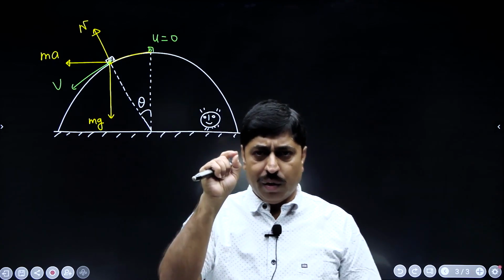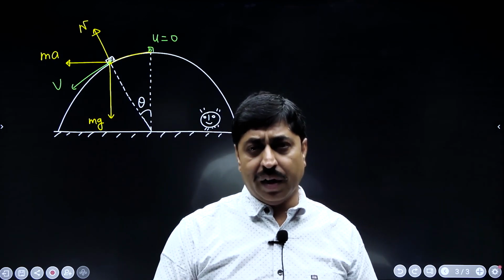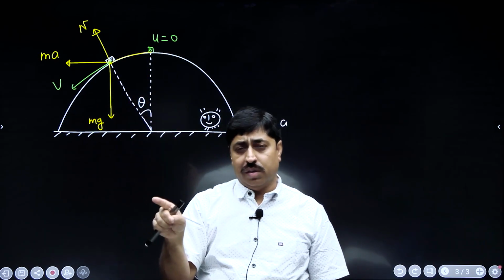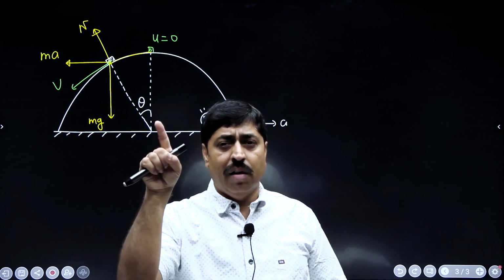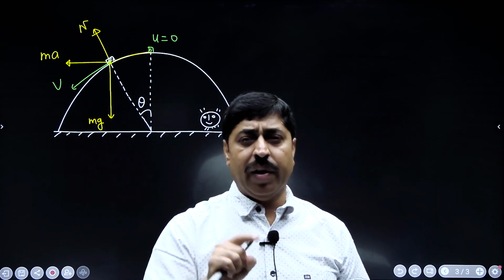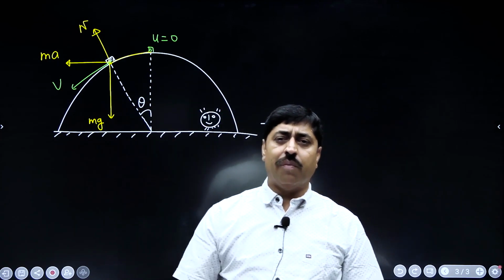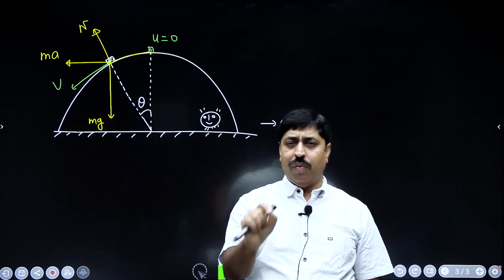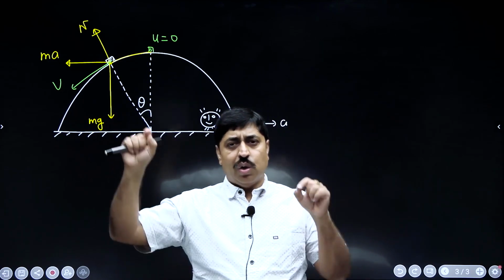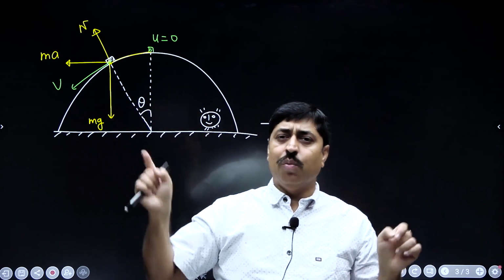We can use law of conservation of mechanical energy to relate speed between two positions when a body is undergoing motion in vertical circle. Whenever an object is moving in vertical circle, you can always use law of conservation of mechanical energy to relate speed between any two points.